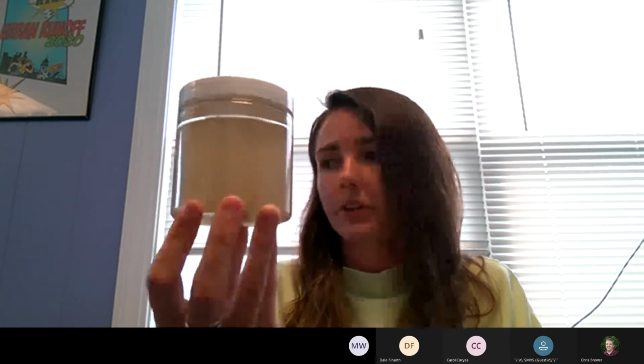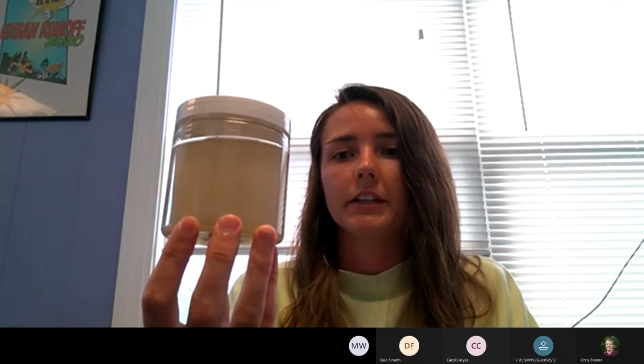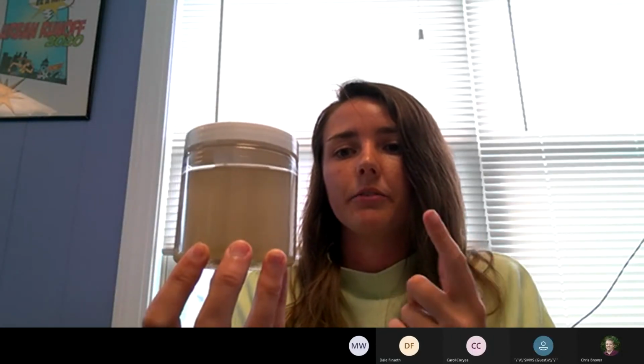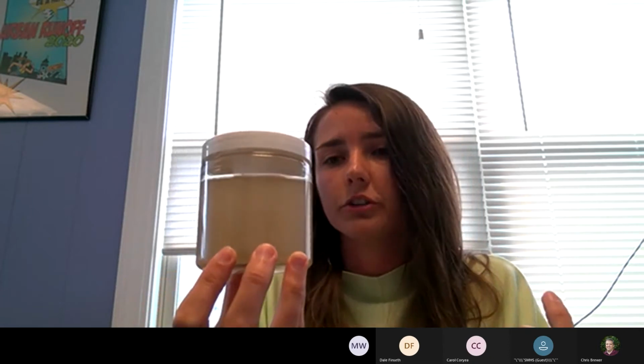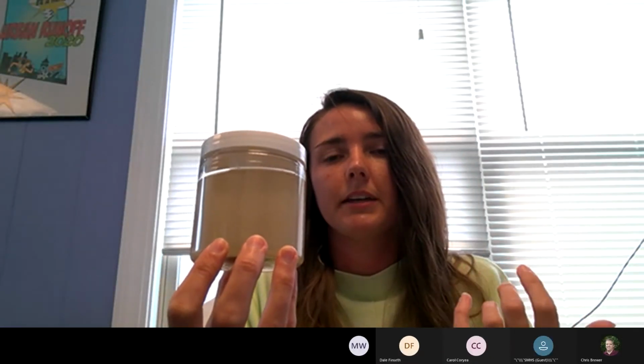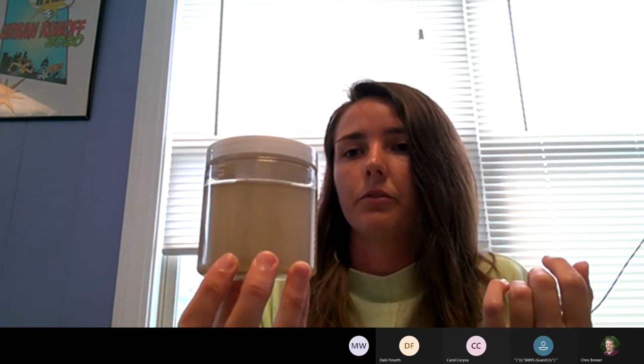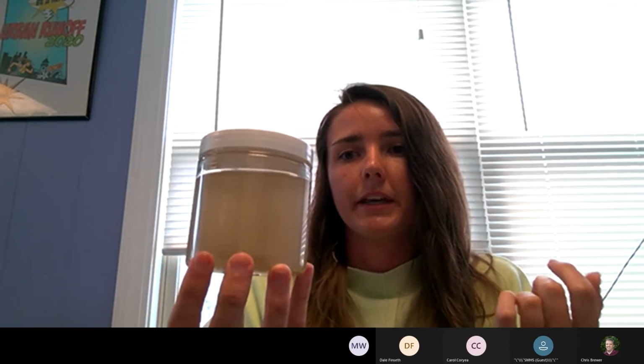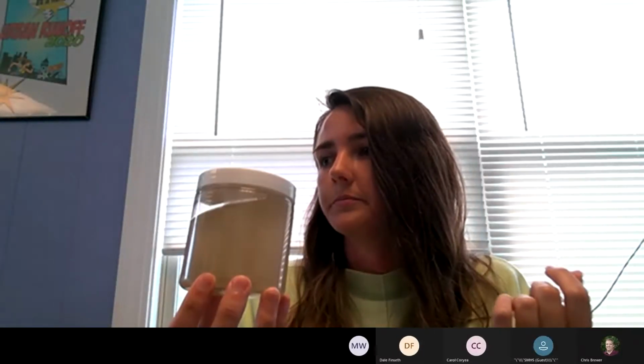So you can see that similar to the soil, it's making that water really cloudy. And then the part that you can't see as well is that there's also salt mixed in here, which when it gets into a freshwater ecosystem can make it a really difficult environment for freshwater plants and animals to survive there.